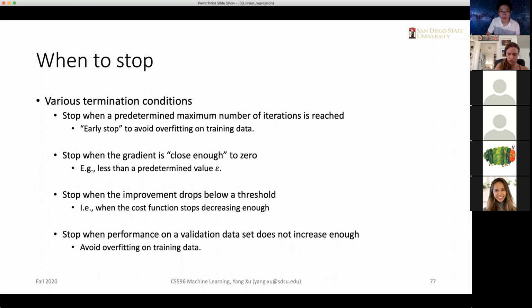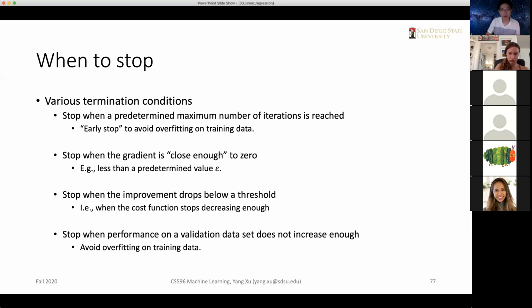And another way, we can use the performance of the model on some external validation data sets. If the accuracy doesn't change significantly, then we can probably stop at that point.